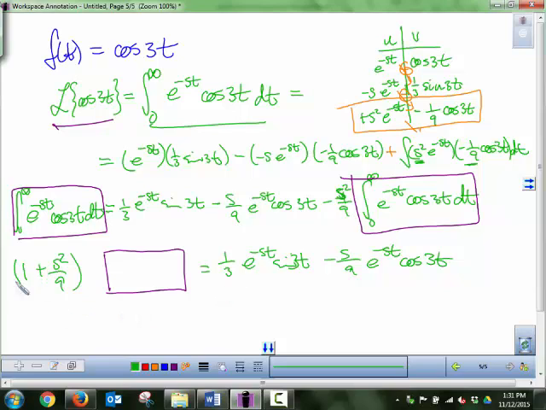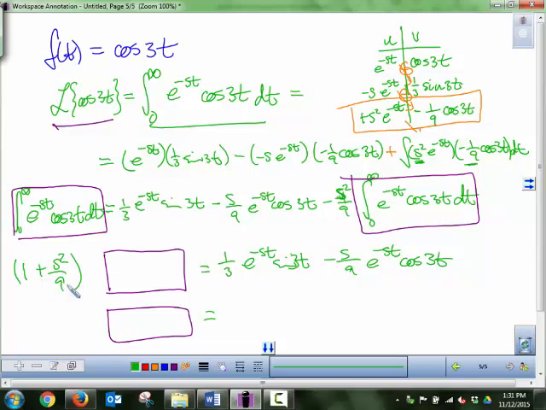So then you would divide by this whole thing, by this. Let's find common denominators for that. This would be 9 plus s squared over 9.